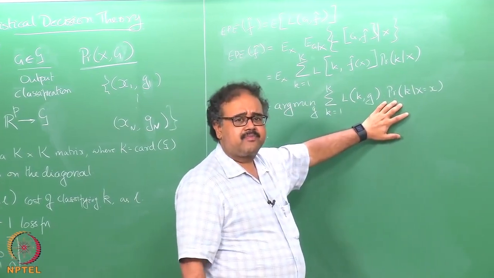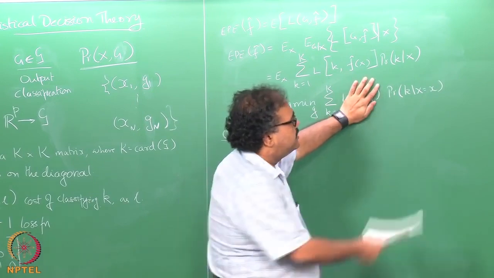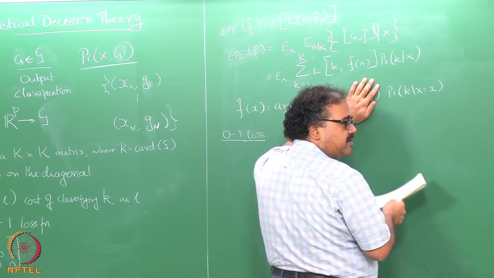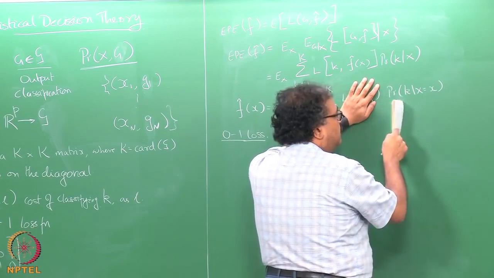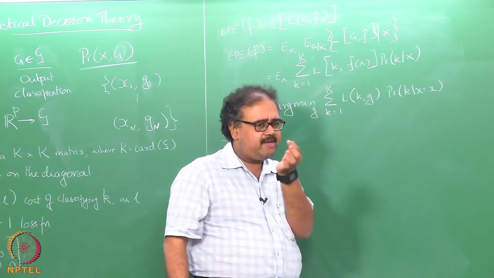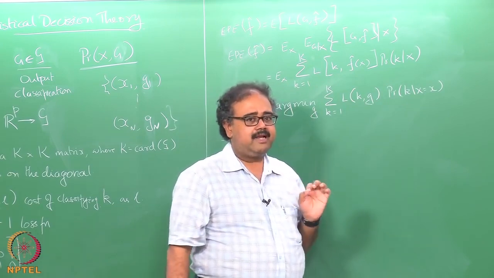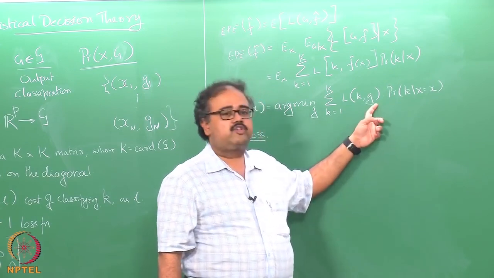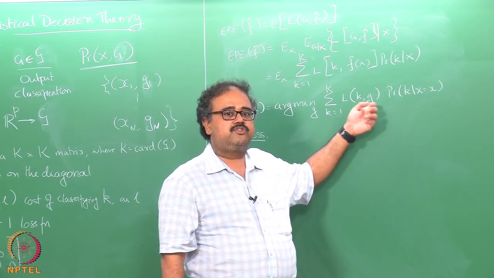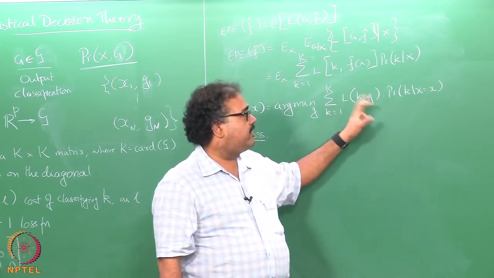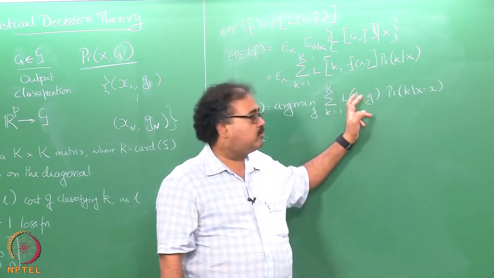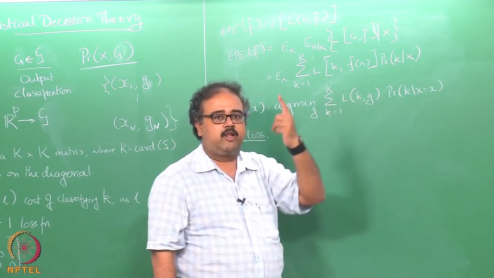Why is that? If you think about it, this probability term contributes to every element in the summation. So, among all these probability terms, I can pick one term and set it to 0 by my choice of g. Suppose I choose g to be 1, then L of 1 comma 1 will become 0, but L of 2 comma 1, L of 3 comma 1 and so on will all be 1.